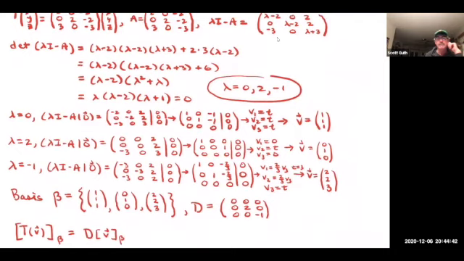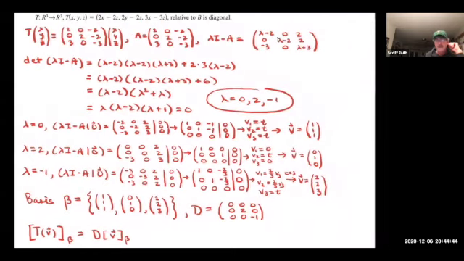Now, if you're trying to find a basis for the vector space such that the transformation relative to that basis has a diagonal matrix that represents it, then the basis needs to be a basis of eigenvectors.